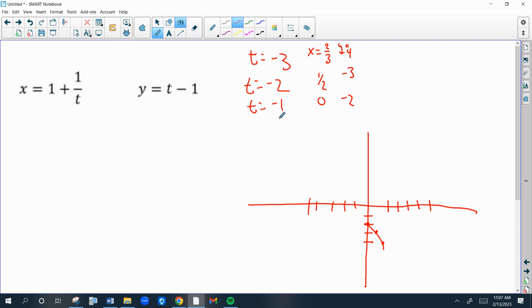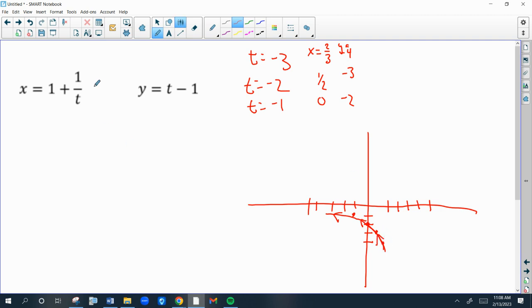If t is -1/2, x would be 1 minus 2, which is -1, and y would be -3/2. So it looks like this graph is forming like this. And that's my orientation. You show the arrows. That tells you exactly which direction it's going in.